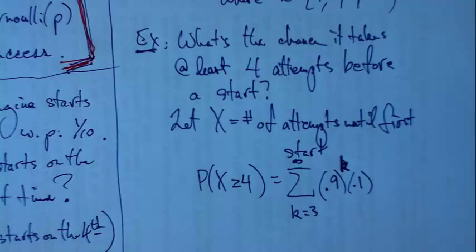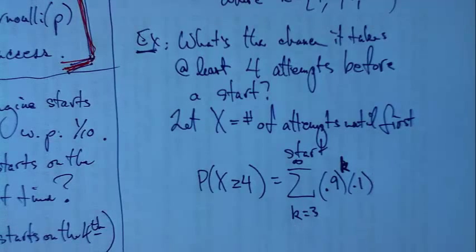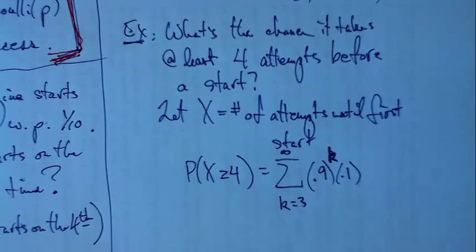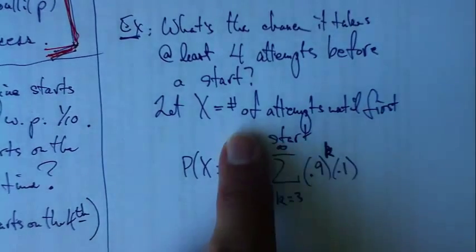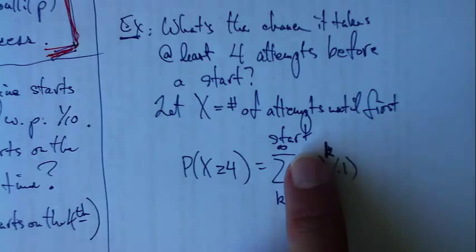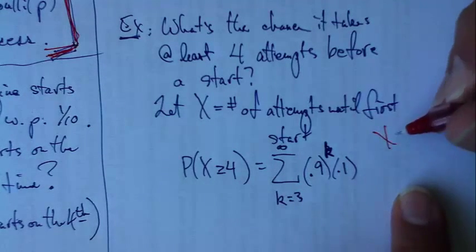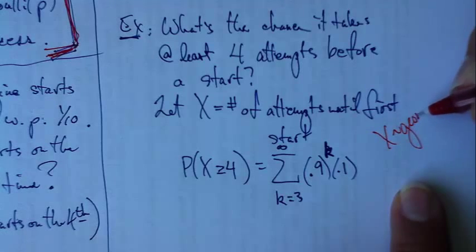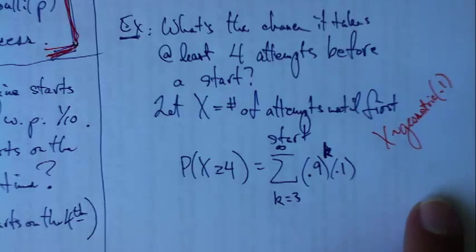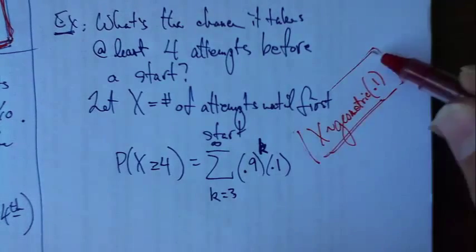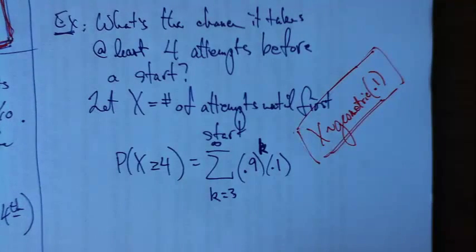All right, so let's do another example. Back to this time machine business, what's the chance it takes at least 4 attempts before you see a start? If X is the number of attempts until the first start, then X is distributed geometric with parameter 1/10.